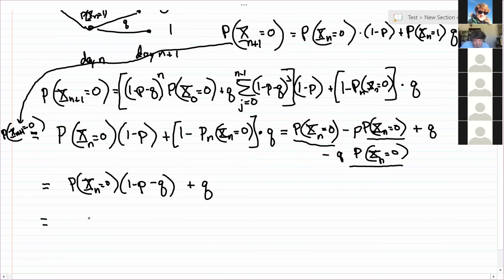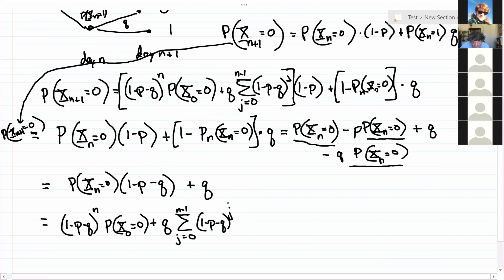So this is going to be, by the induction step, essentially, 1 minus p minus q to the nth power times the probability that at day 0 you're at 0 plus q times this summation, j equals 0 to n minus 1 of 1 minus p minus q to the jth power.